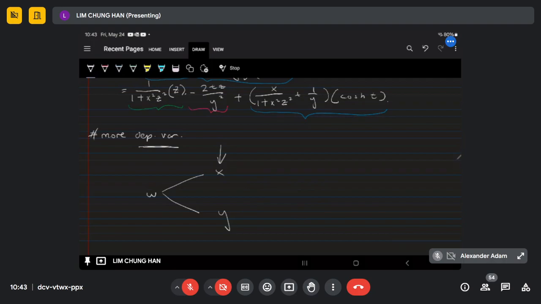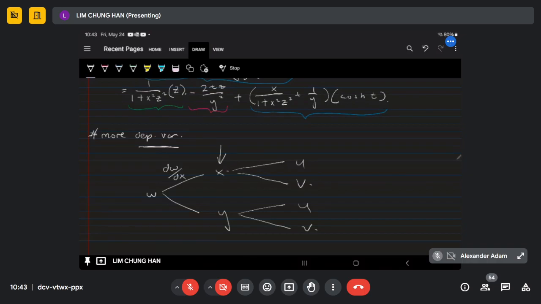So not just t, I want two, maybe u and v. u and v, two independent variables. So then what happens is the tree branch gets separated even more.